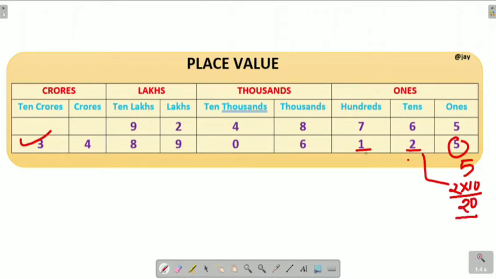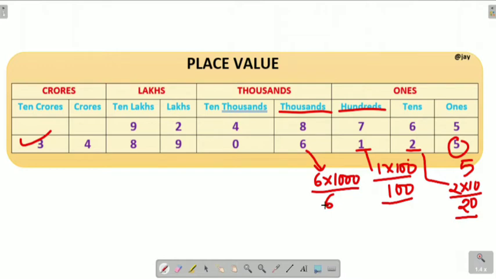Here is 1. So we have to multiply 1 with 100. So 100 is the place value of 1. Here we have 6 and the place is 1000. So 6 times 1000, we will get 6000. Now come to 0. 0 is in the 10,000 place.